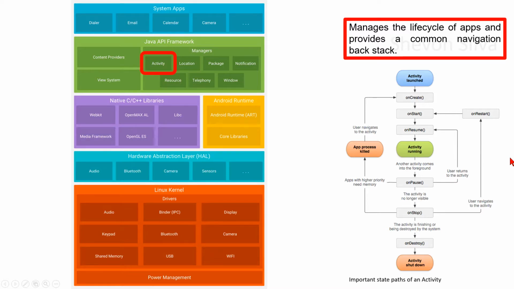An activity can frequently go between resumed and paused states. For example, when a device goes to sleep, when the activity result is delivered, when a new intent is delivered. So the code in these methods should be fairly lightweight.